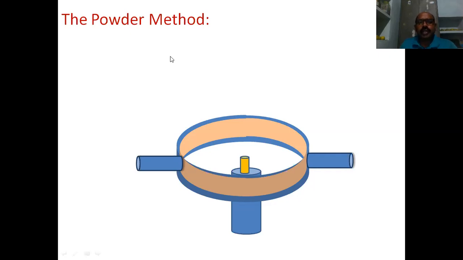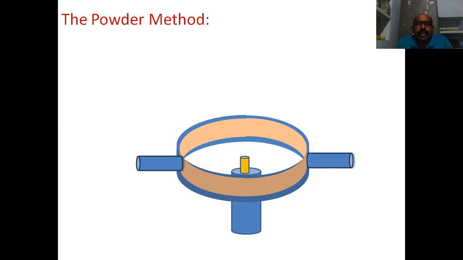In the earlier Laue method, we were taking a single crystalline material as our sample. It is difficult to grow single crystals, and sometimes it may not be possible to grow single crystalline materials for all materials. In that case, this is the alternate method.